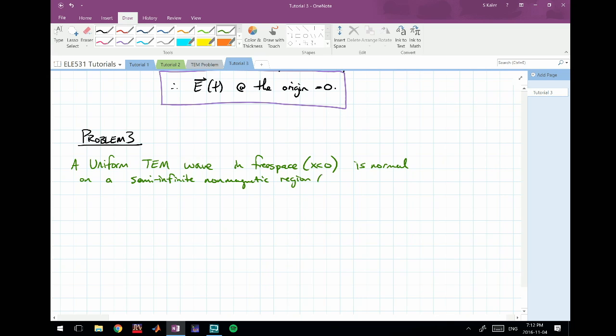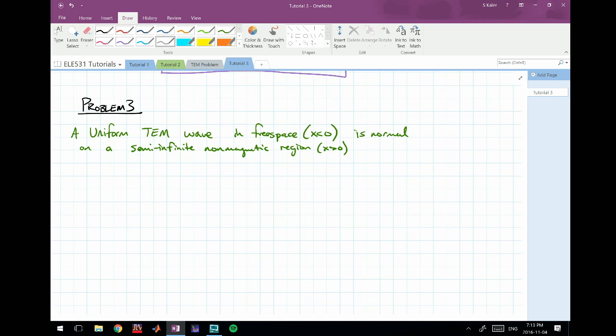This is x greater than 0. So if I were to draw this, essentially this thing here is free space, this thing here is the non-magnetic region, and this part here is x equals 0.